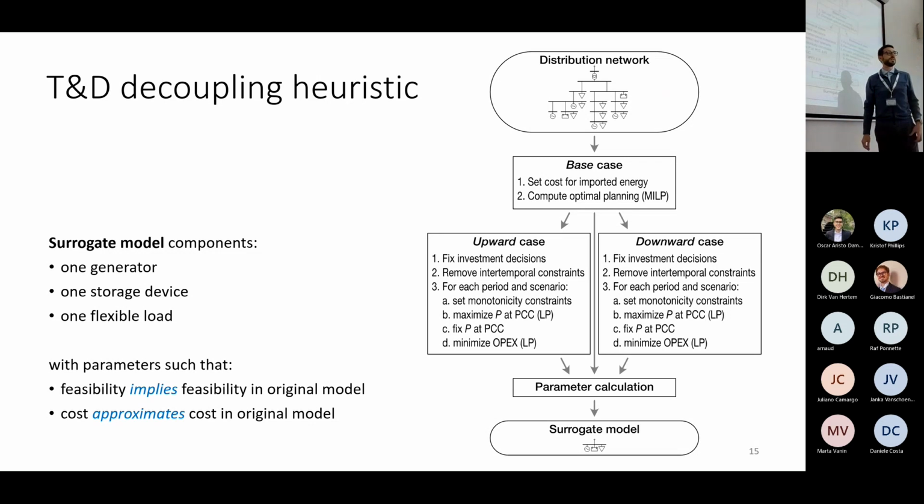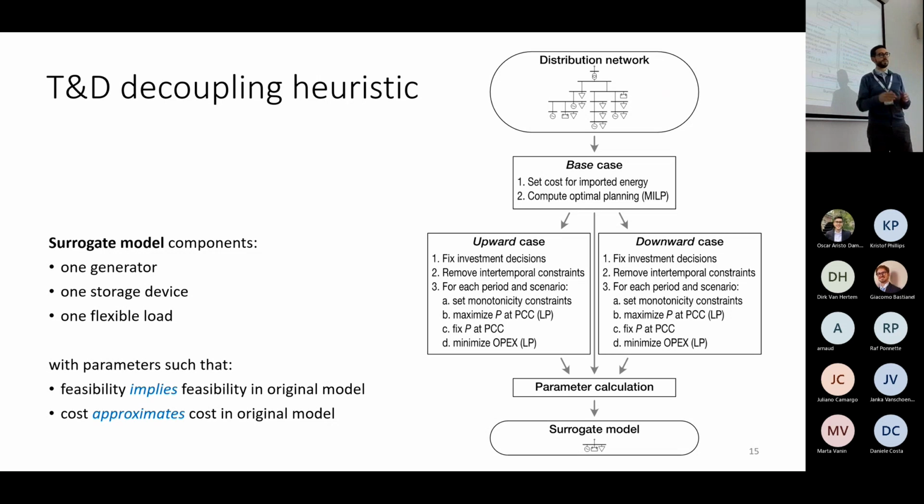Okay, the power is maximized in both directions. In upward case, the absorption from transmission to distribution is maximized. In the downward case, the opposite. What is maximized is the power from distribution towards transmission.